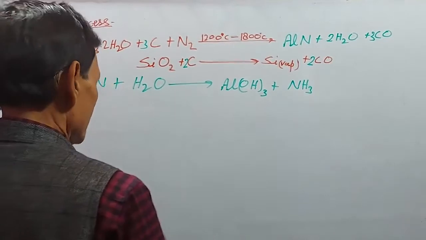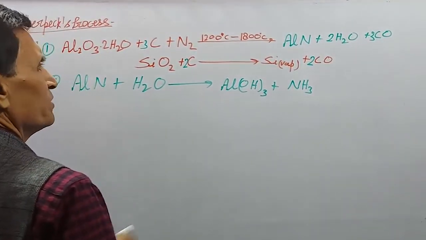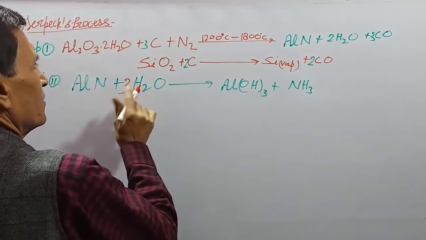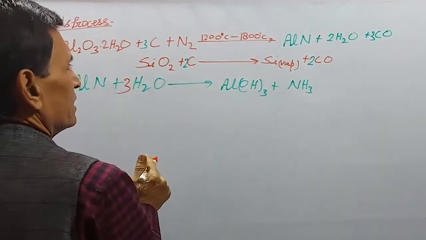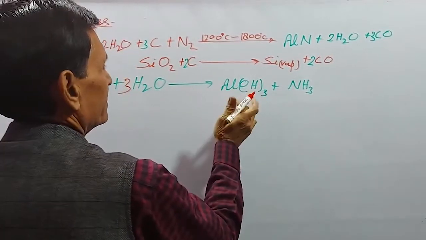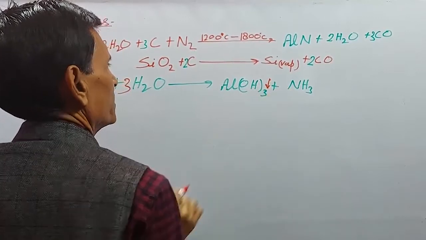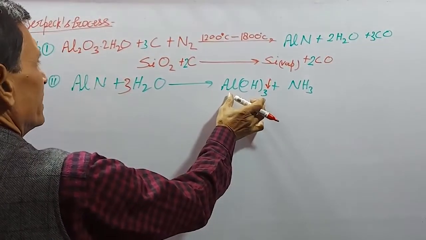Here ammonia gas is obtained, which is an important compound. This aluminium nitride forms aluminium hydroxide here, and this is obtained here as precipitate, aluminium hydroxide.